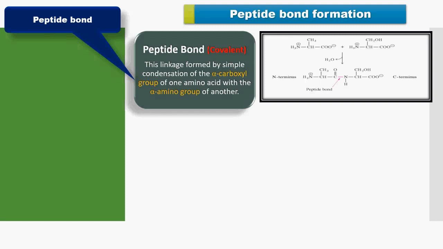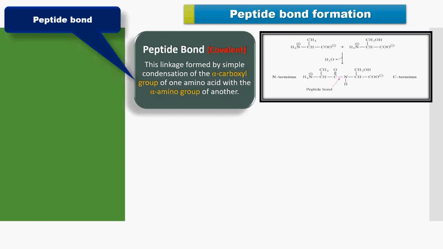And because there will be a water molecule removed and replaced by this bond, it is known as the peptide bond, or sometimes you can find in some references the amide bond, because the bond takes place between the carboxyl group of the first amino acid and the amine group of the second amino acid by removal of water, and it's known as dehydration synthesis.